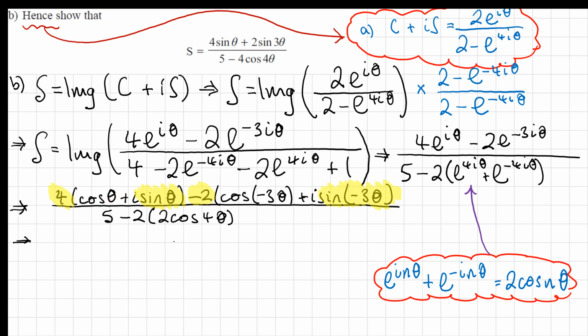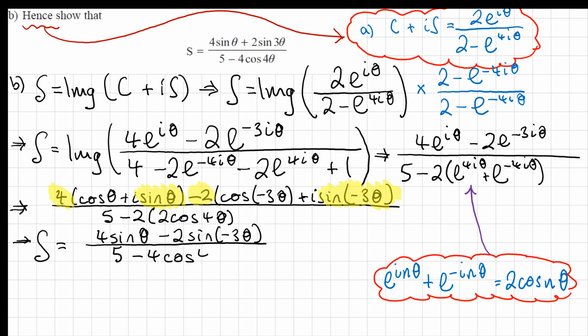So S is now equal to 4 sine theta, that's imaginary, and minus 2 sine negative 3 theta, which I'll deal with in a moment. And then in the denominator, 5 minus 4 cos 4 theta.